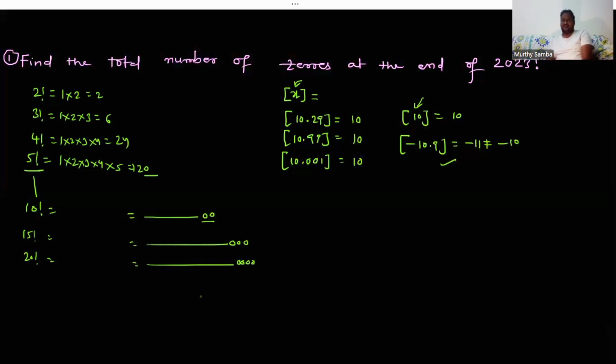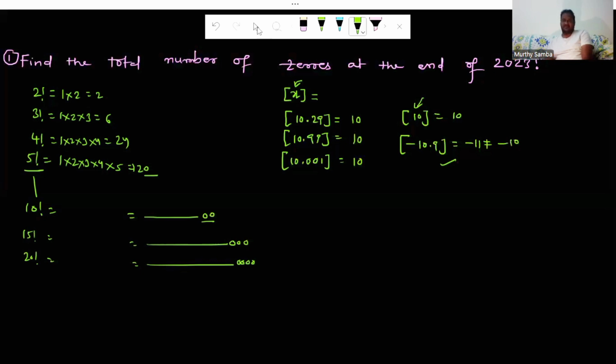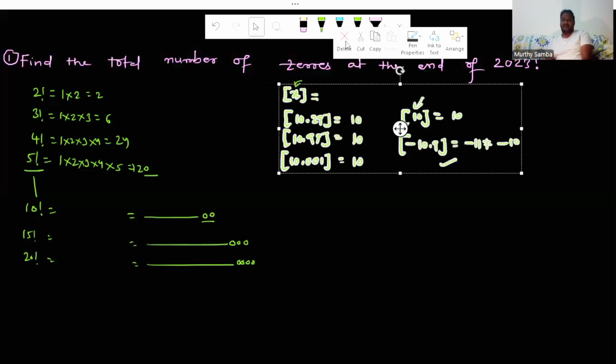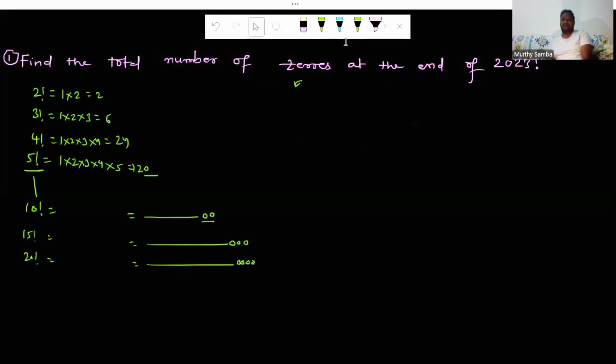Now why am I explaining this integral part? Because for any number n, the number of zeros at the end of n factorial is given by a formula.